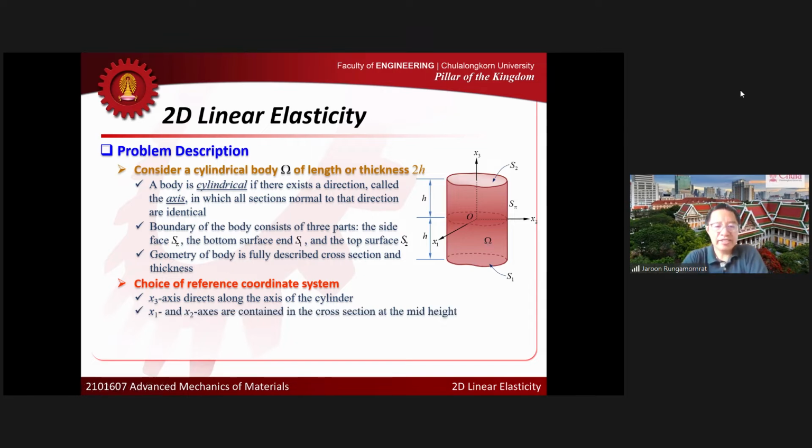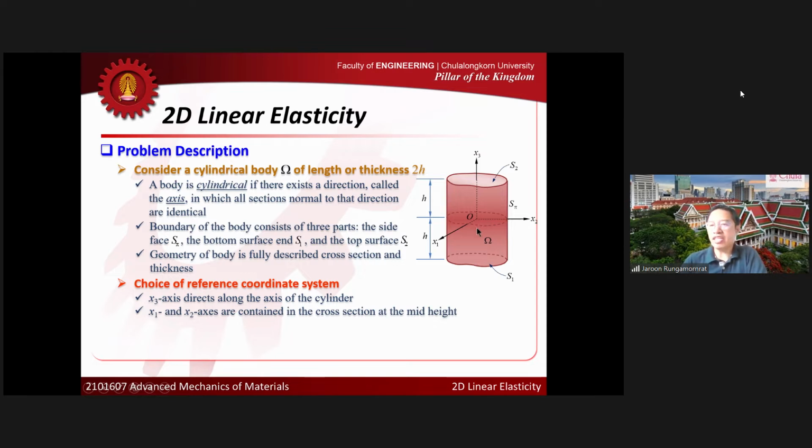And X1 and X2 are contained in the cross section at the mid height of the body. X1 and X2 are two axes contained in that cross section.